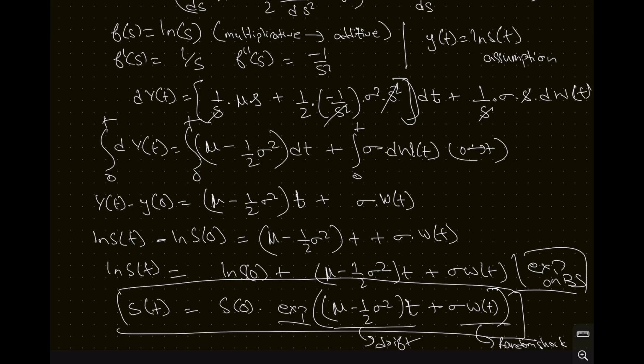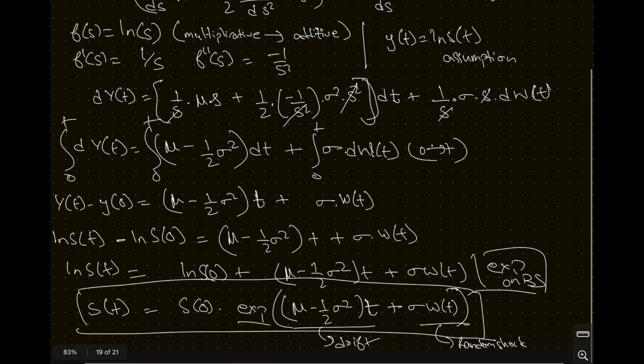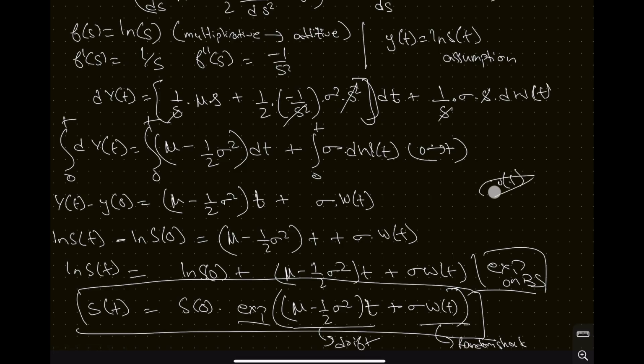So this is it. But to compute it, W(t), that is the randomness that we're going to generate, would be random values between 0 and 1.